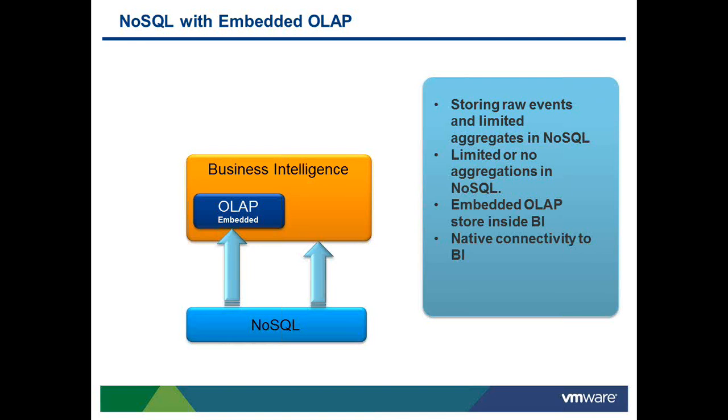So we should be able to connect NoSQL directly to the OLAP servers, and since we have a multi-dimensional OLAP server, BI can do ad hoc analysis and multi-dimensional analysis, and also connect to the NoSQL with native connectivity. So NoSQL will still give limited ad hoc capabilities, but we will be able to use OLAP for multi-dimensional ability.